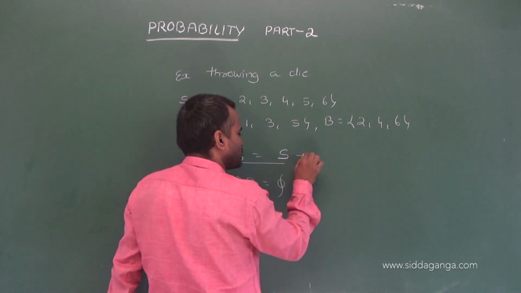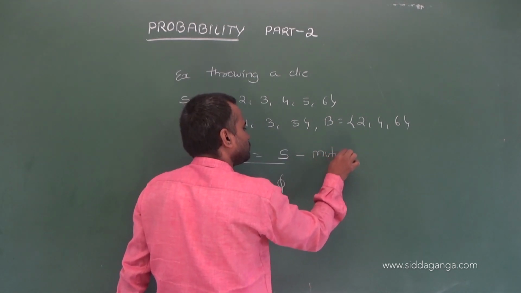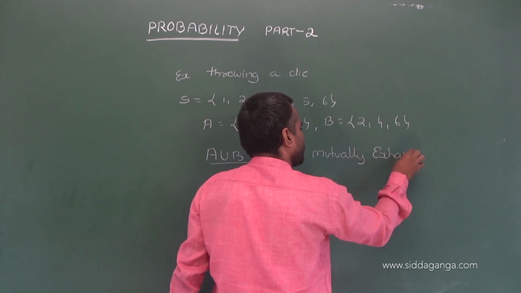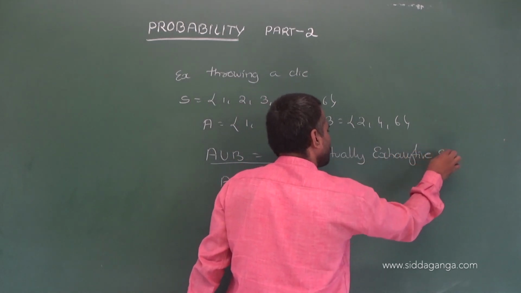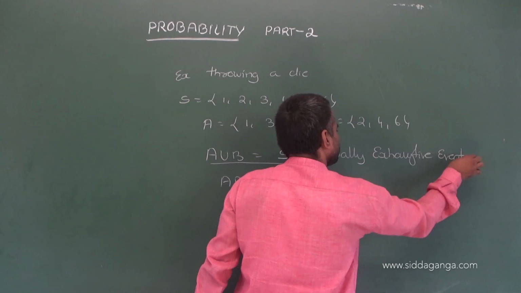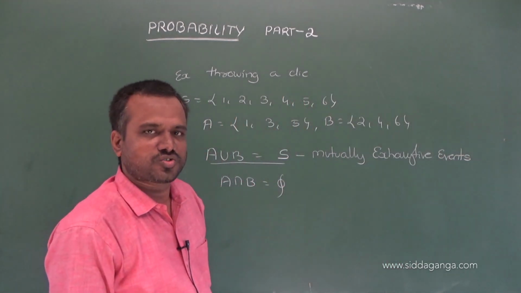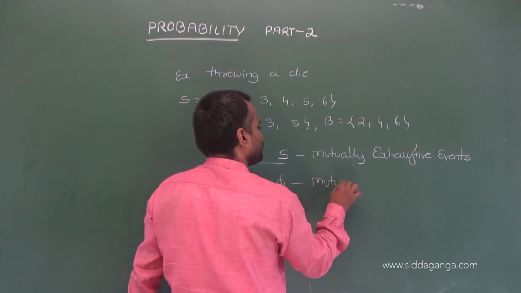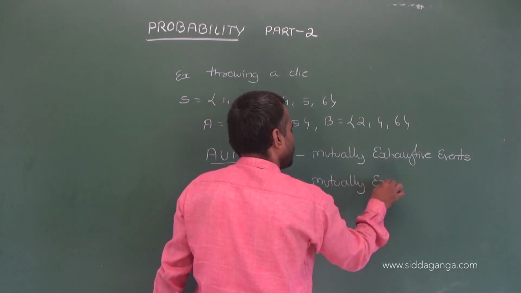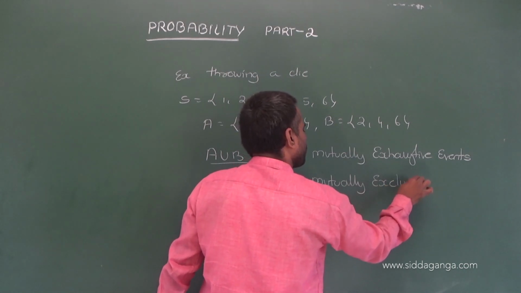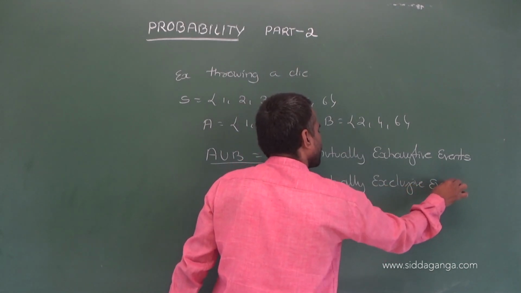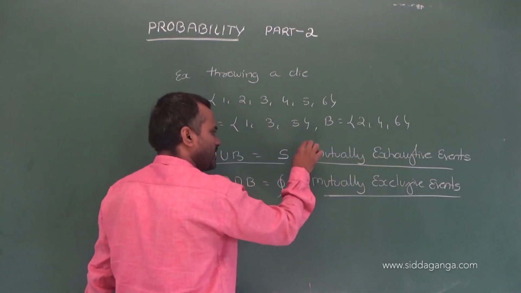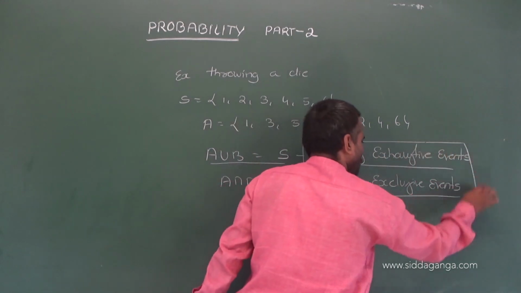The first we call mutually exhaustive events, and the second we call mutually exclusive events. These two are very important.